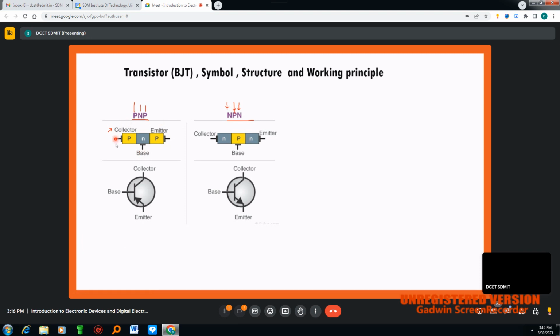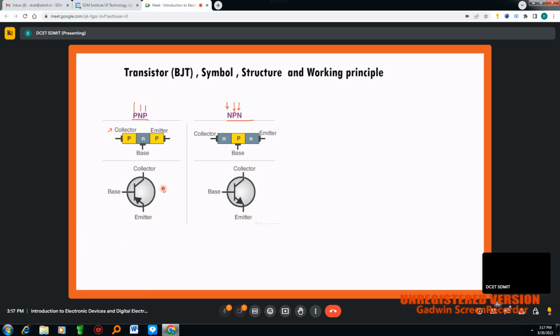This is the internal structure of a PNP transistor. The same thing I can represent with a symbol. This is the symbolic representation of a transistor. Now we can observe the collector terminal, base terminal, emitter terminal. And if we observe the second one, that is the NPN transistor, here also collector, base, emitter.